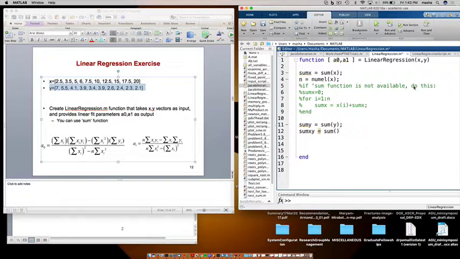Sum of y's is easy. Sum of x's is easy. How do I get this quickly, in one line of code? Sum of, dot, right? Dot times what? Does everybody see that?